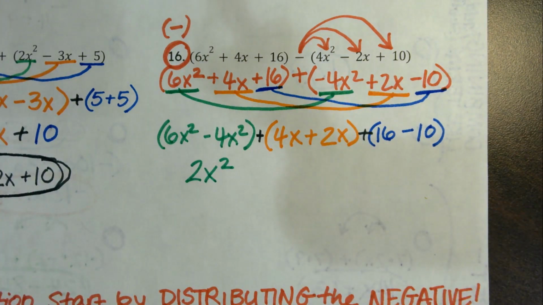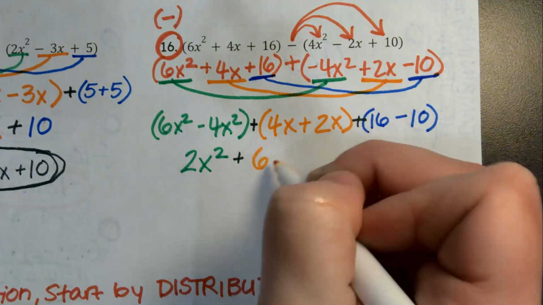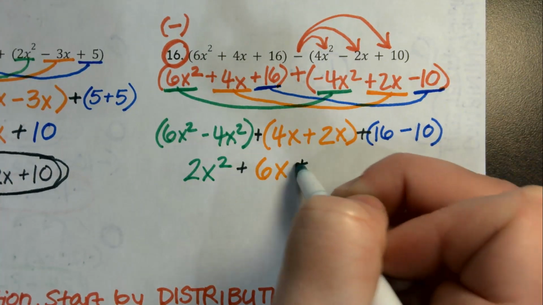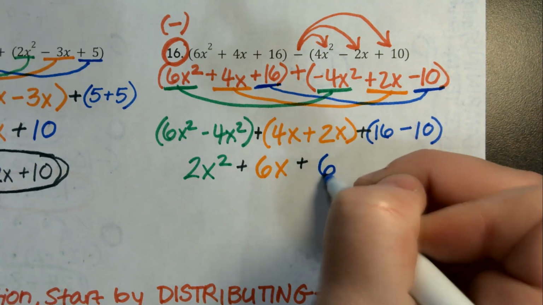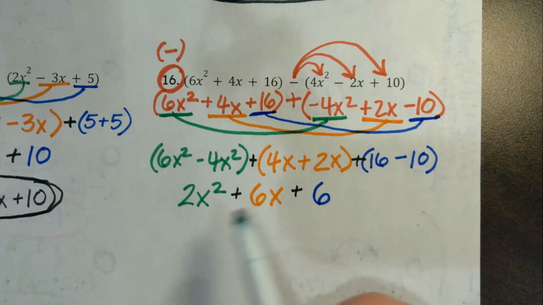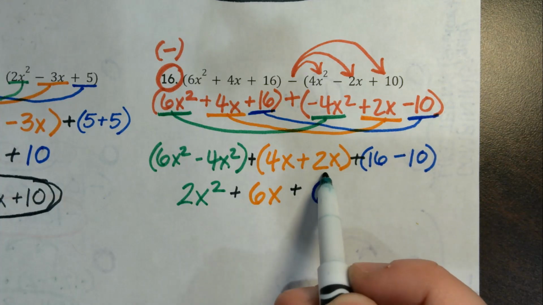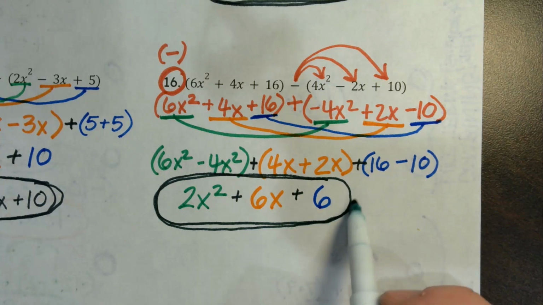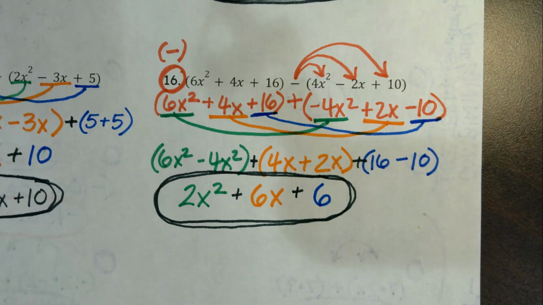All right, now what about 4x plus 2x? 6x. And finally, what is 16 minus 10? 6. Perfect. So for your answer, I'm not going to rewrite it this time. It looks neat enough. We got 2x squared plus 6x plus 6. We cannot combine any further, so we are done. That is your answer for number 16, guys. Any questions on that one?